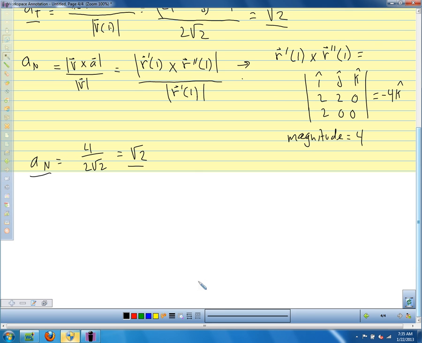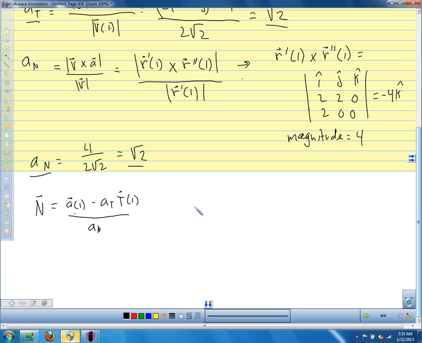For that, n is the acceleration at time equals 1 minus a sub t times the unit tangent vector at time equals 1, divided by a sub n.